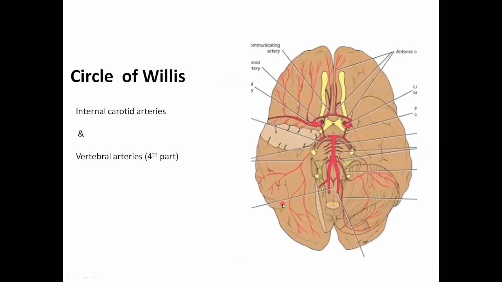The picture that you see here is the inferior surface of the brain, the base of the brain. What you see here is the orbital surface of the frontal lobe. This is the temporal lobe and behind is the occipital lobe. Here you can see the olfactory bulb, the olfactory tract, the optic nerve, optic chiasma, the optic tracts.